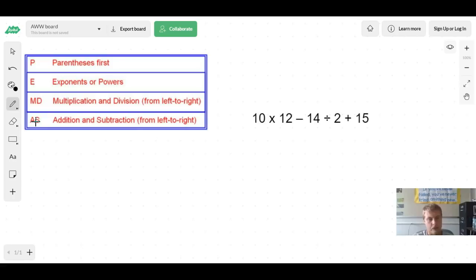When you look at this, the reason we need an order of operations is we don't want to do every single problem from left to right. Like when I have this, we want to be able to do different orders based on different things, and certain operations hold more weight or power than other ones.